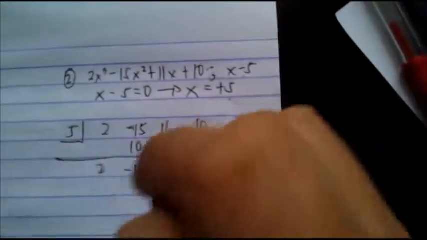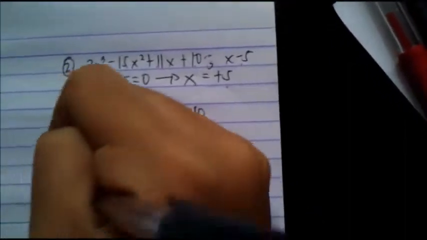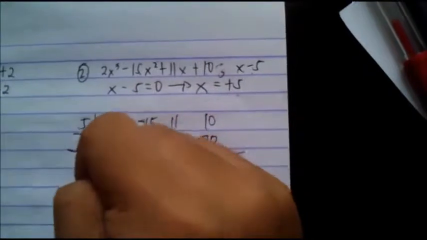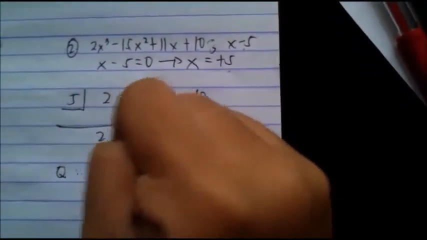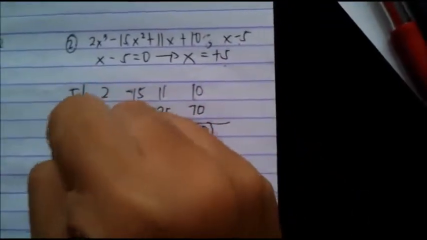So, 10 plus negative 70... So, the quotient is 2x squared minus 5x minus 14. The remainder is 80.